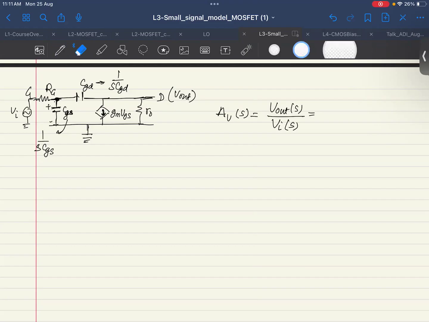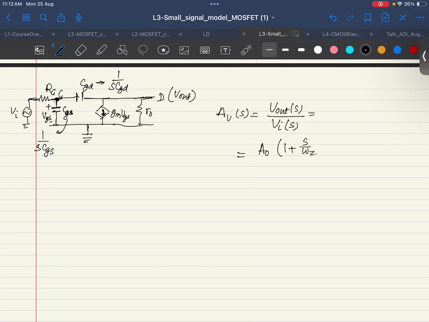So rather than VGS, now this would be something we call, let's say, V in. Yeah, so this we are calling VGS, and this is just the input node, and you can calculate the capacitance and the transfer function, and then you form it in this form, that there's some A naught times, let's say, 1 upon L, right?